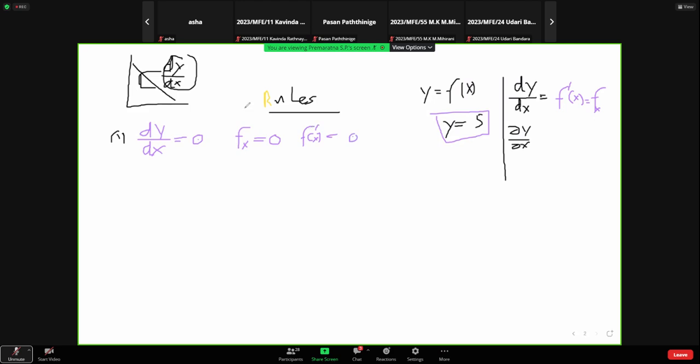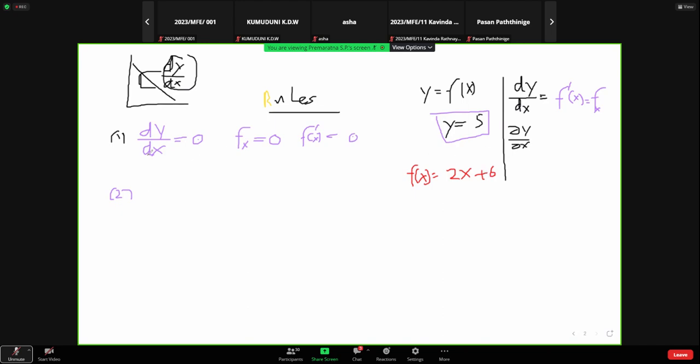Now, the second rule I'm going to show you is differentiating a linear function. The linear function is a kind of function like this: f(x), or y is a function of, let's say, 2x plus 6, something like a supply function or demand function.